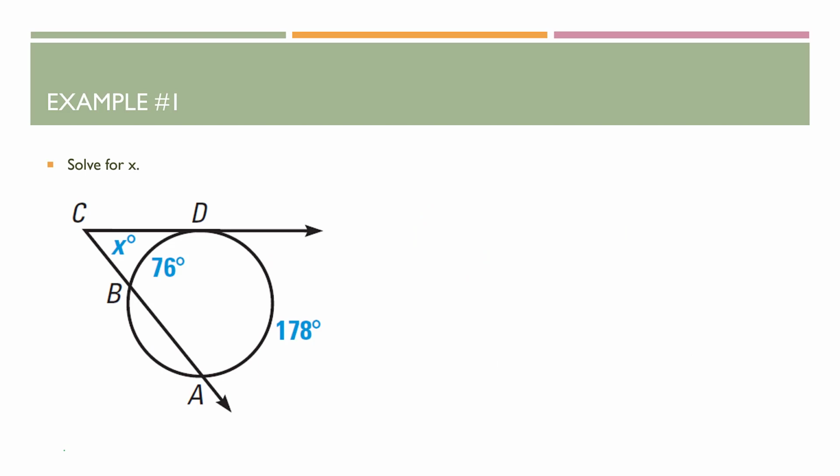So let's look at some problems. So we want to solve for x. To solve for x, we know 2 times my angle equals outside minus inside. So let's find and identify those outside and inside arcs first.